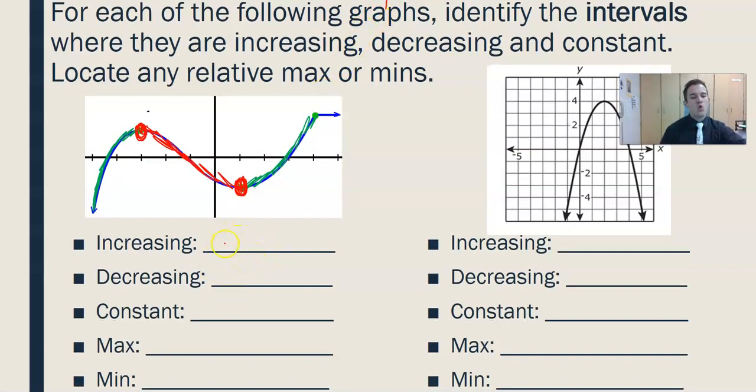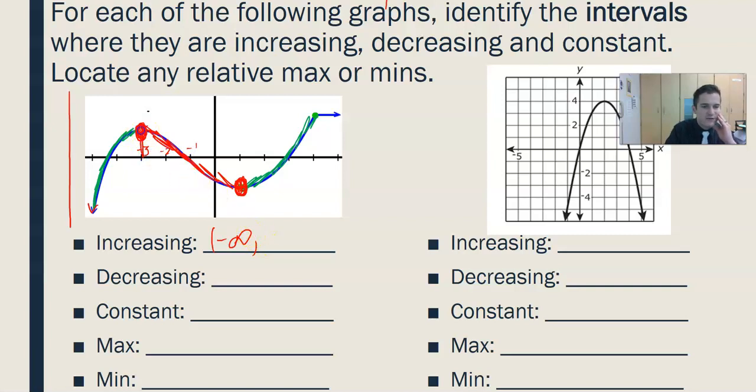Okay, so where is this function increasing? If I had a tall, vertical, invisible line moving from left to right, marking my roller coaster, what are the x values over which this function is increasing? Well, this arrow means it's just going to keep going to the left forever and ever, so it's increasing from negative infinity all the way up to this point right here, where x is negative 3.